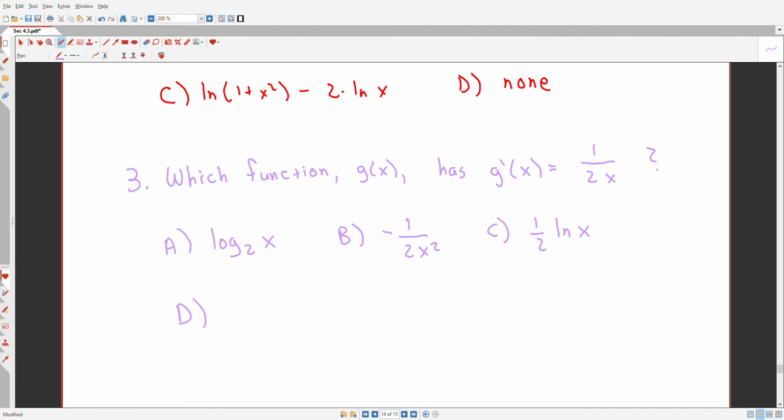Sure. Log of 1 over 2x. And then my last option will be none of the above.